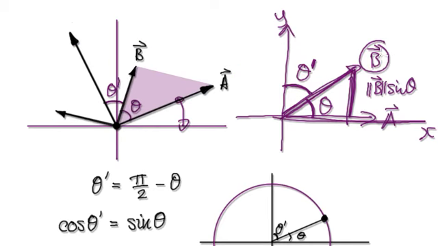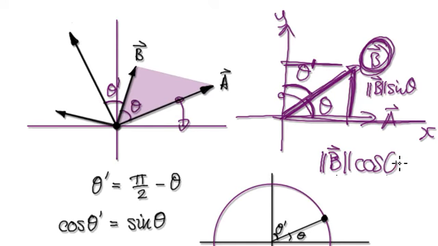So now keep an eye on b, the vector b, which is the hypotenuse. Now if you cos the hypotenuse, if you get the magnitude of b, and then cos theta prime, cos this angle here, that will then give you this length here.